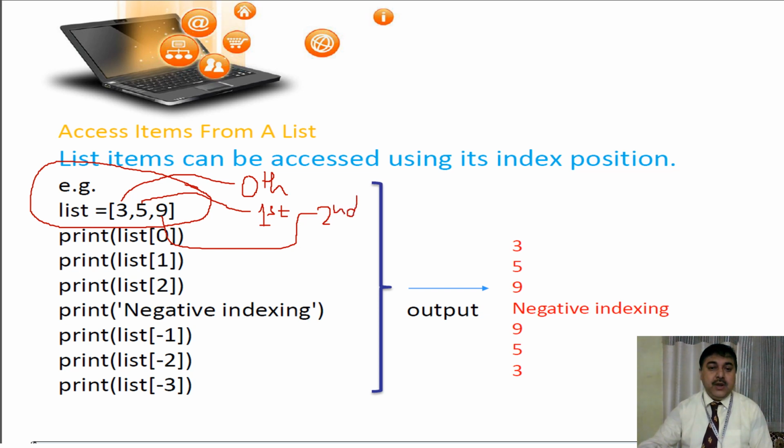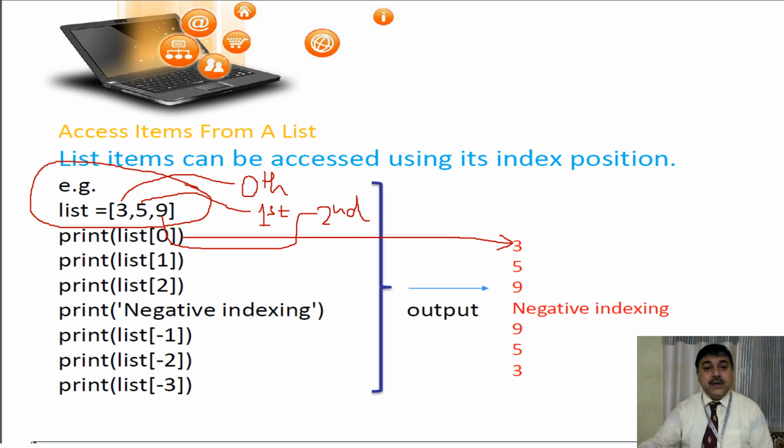So here you can see that each item in this particular list has got a different address. So those things are known as their address. So this is the first one. When I say print list 0, what is it going to print? It is going to print this particular value.